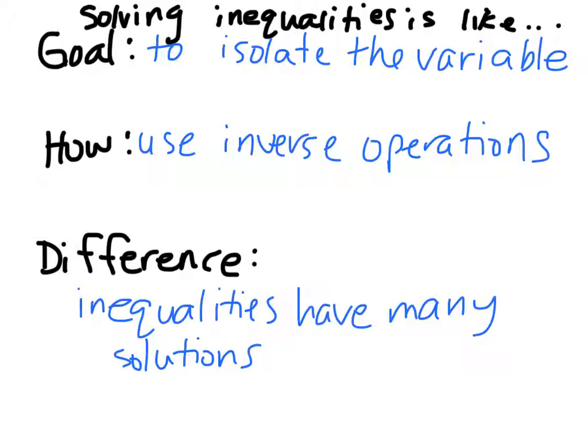And inequalities have many solutions, because now x doesn't just equal 4, x might be bigger than 4, which means that x could be 5, or 10, or 4.2, or 5.5. X might also be less than 4, which means x could be 2, or -8, or 3.9. And so it doesn't just have one solution, it has many solutions.